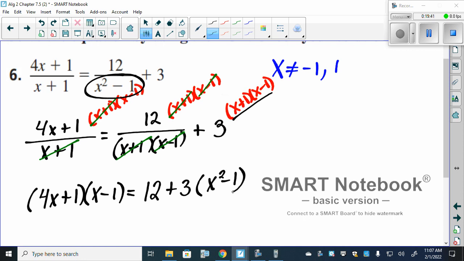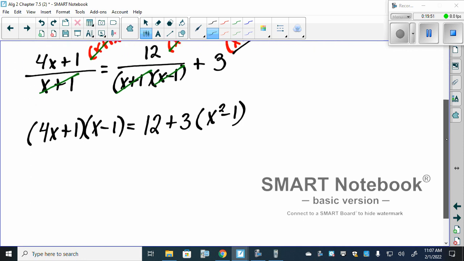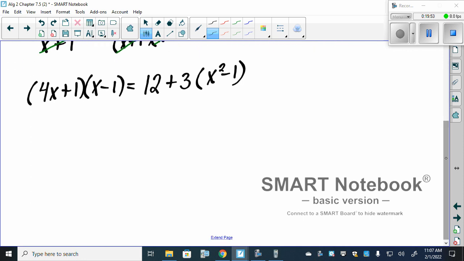Because if we factored it down to get it, and we already have it multiplied in the original problem, might as well just replace it. Now, if that's not something you notice as working them, especially on the homework, if we multiplied x plus 1 and x minus 1 out, we would get back to x squared minus 1. We would get back to it anyways. Any questions on this here?